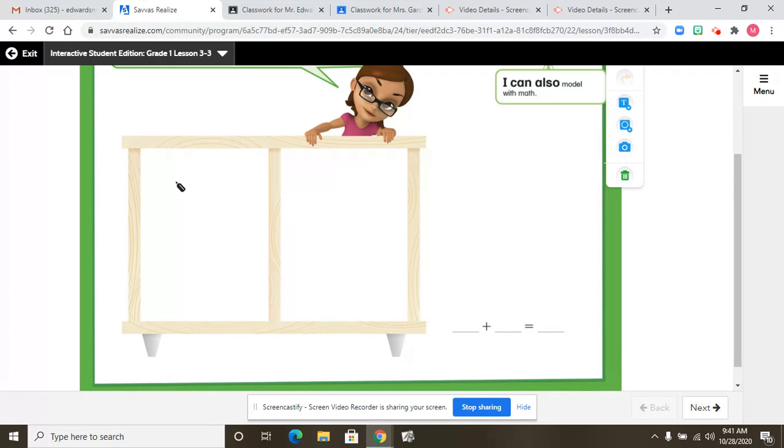Okay, so they both have 6 books. So you can either draw 6 books here and here, or you can write 6 B's here and here, whichever one is fastest for you. So I'll draw 6 books for Elisa right here.